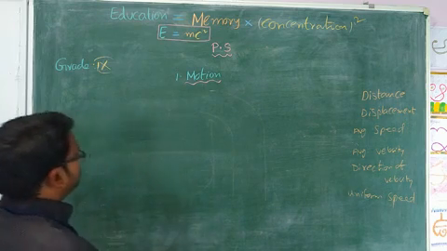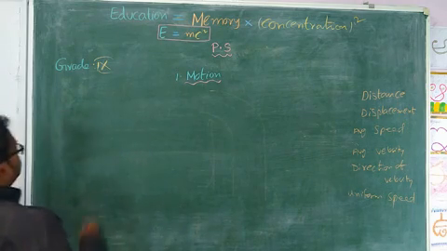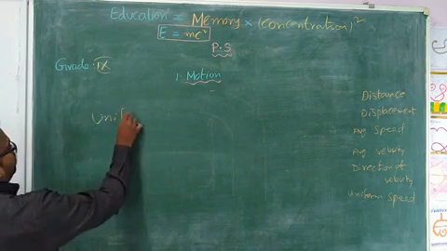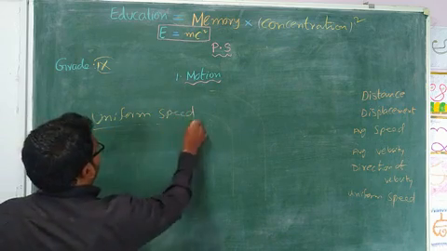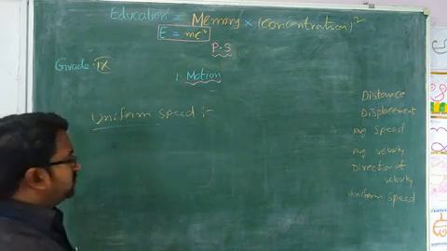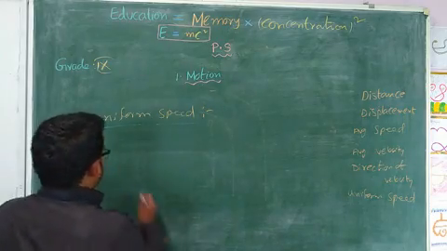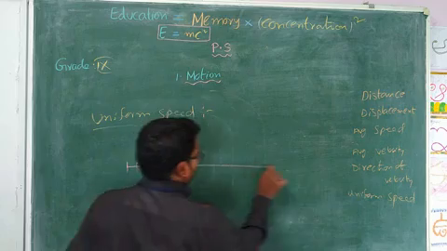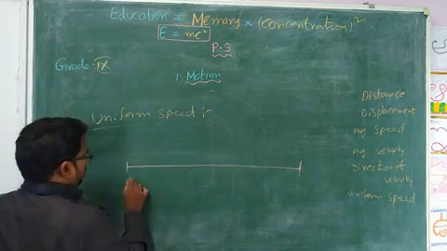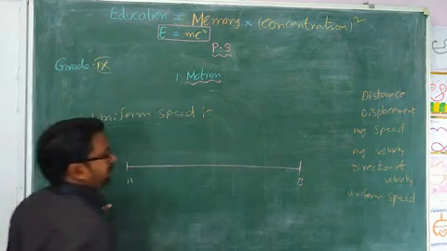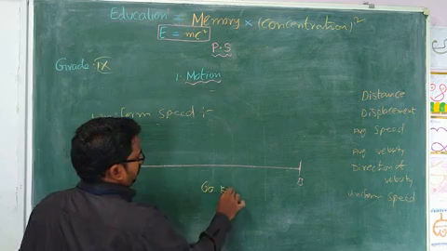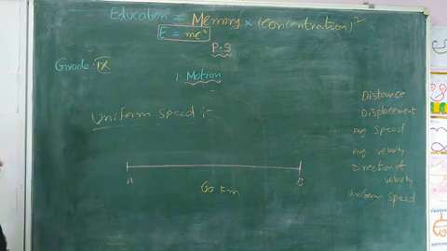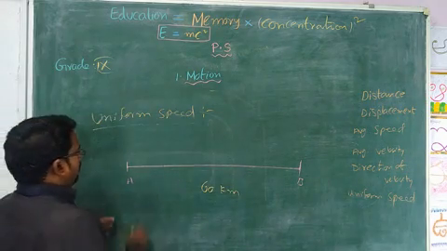Now, uniform speed, or uniform motion. For example, there is a point A and B, and the distance is about 60 kilometers.